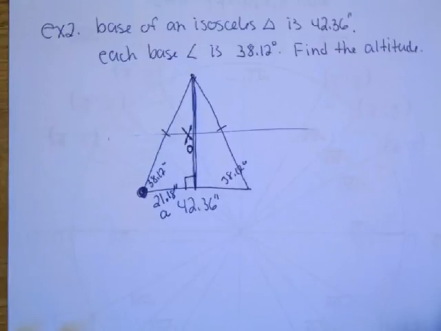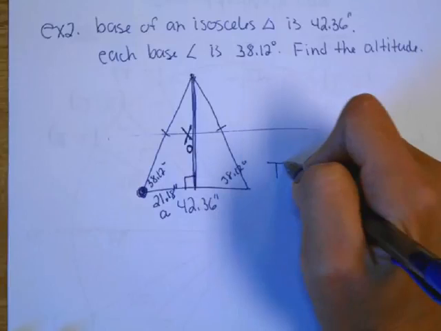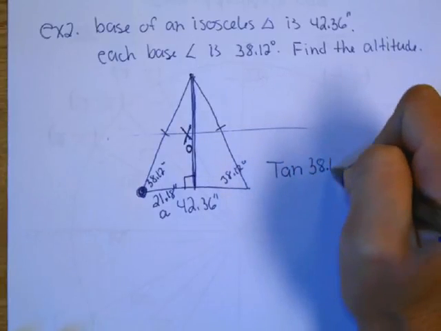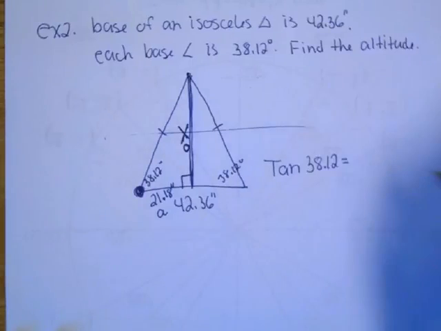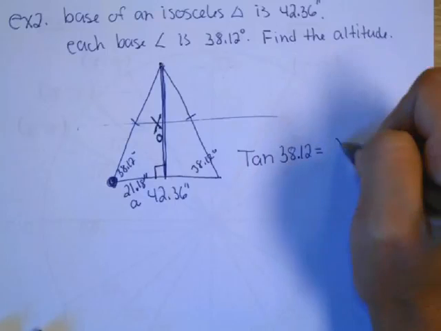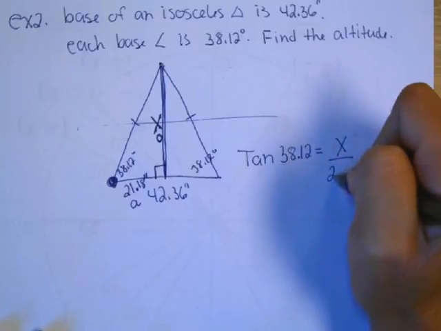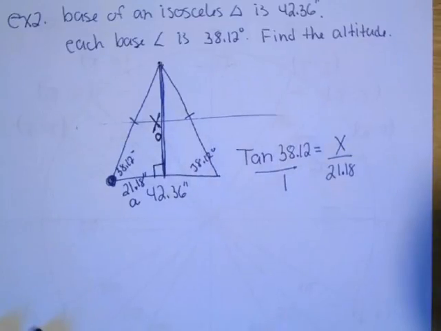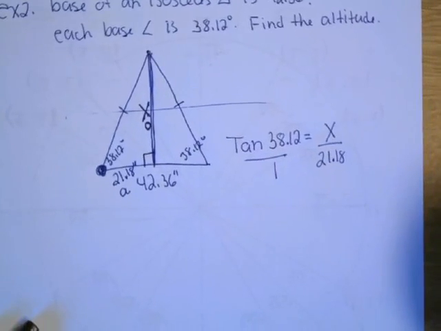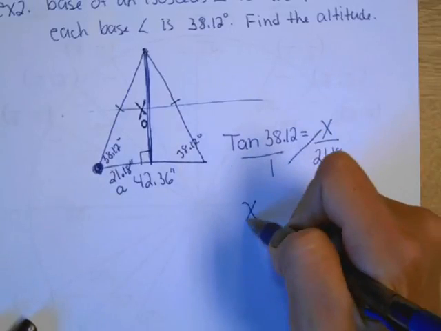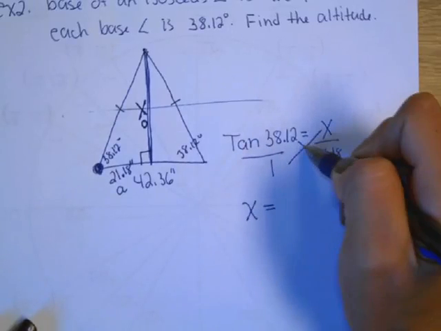Which trig function? Tangent of 38.12 equals, how's the ratio going to be? X over 21.18. Pick up your calculators. X gets multiplied by 1, and then those two get multiplied.